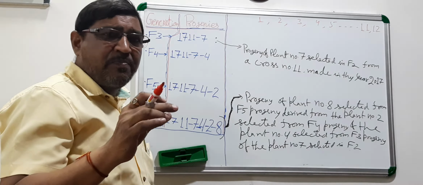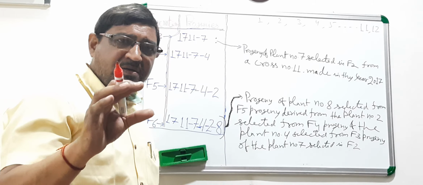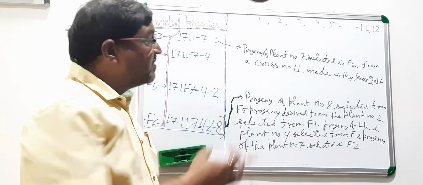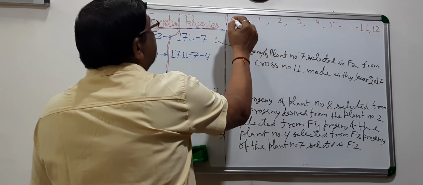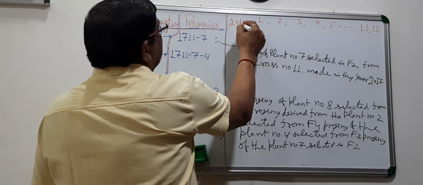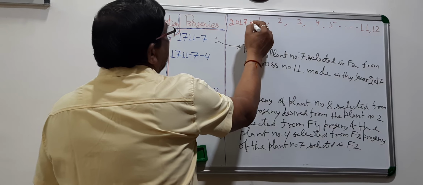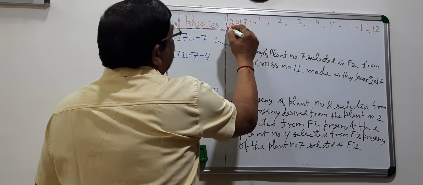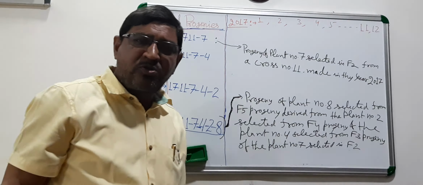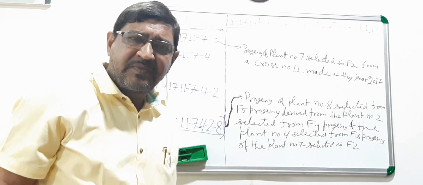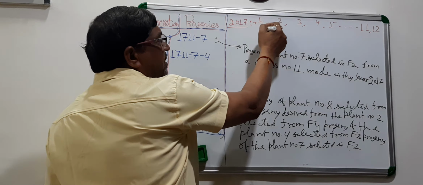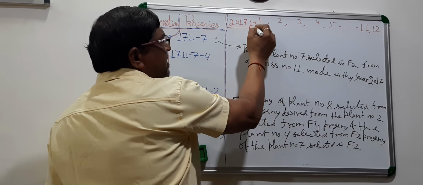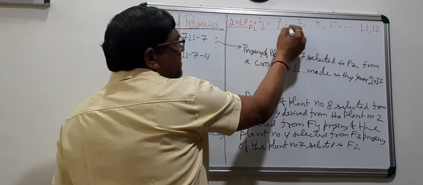So say for example, if you have made several crosses, maybe 12 crosses, in the year 2017, then in 2018, you have grown F1 of all these.